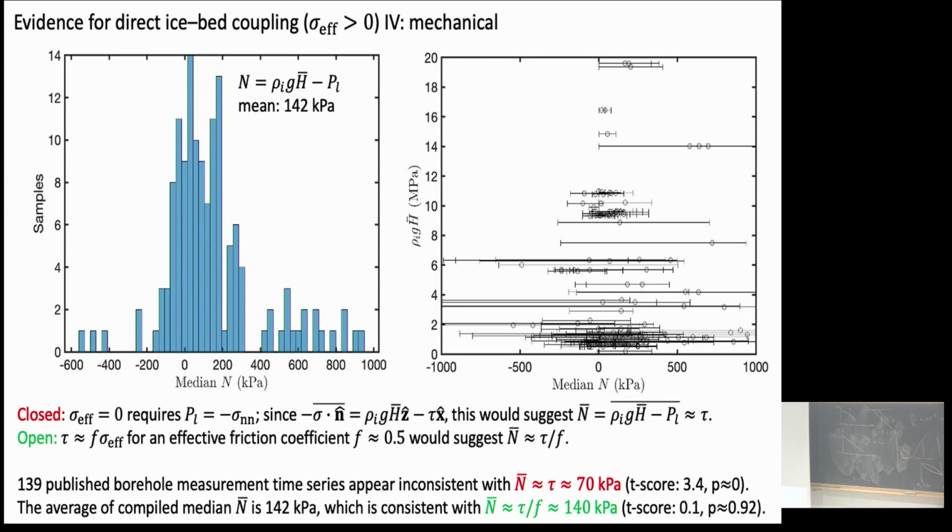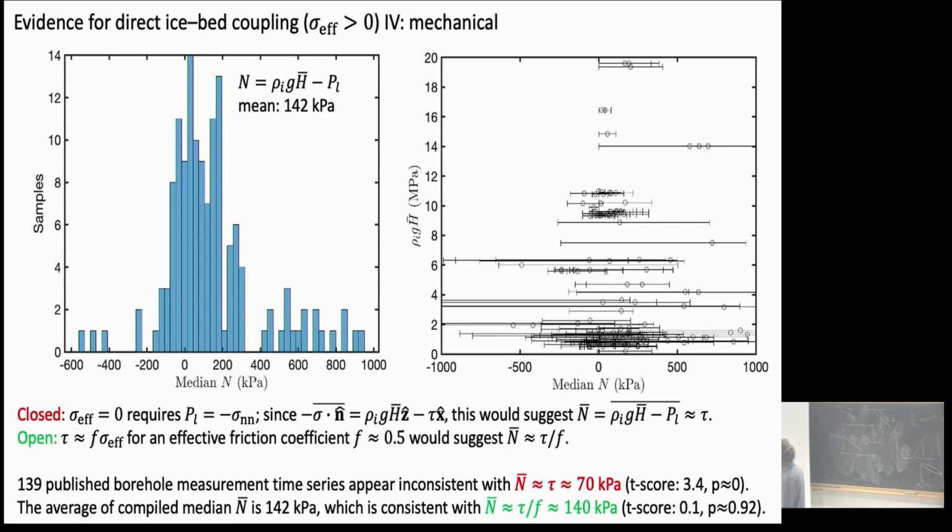If, on the other hand, we thought that the effective stress was non-zero and that the shear stress was something like a friction coefficient times the effective stress, then we would expect the average to be more like twice as big, because friction coefficients are typically about a half.